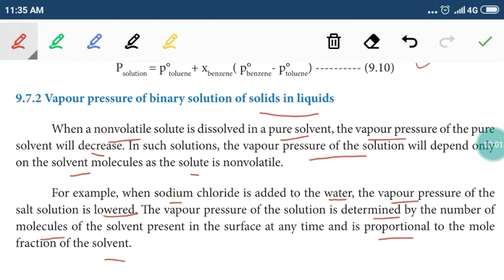Last class we said the vapor pressure of solute is directly proportional to the mole fraction of solute, and the vapor pressure of solvent is directly proportional to the mole fraction of solvent. Like that we studied. Here one component is non-volatile, so the overall vapor pressure of the solution is directly proportional to the mole fraction of solvent.